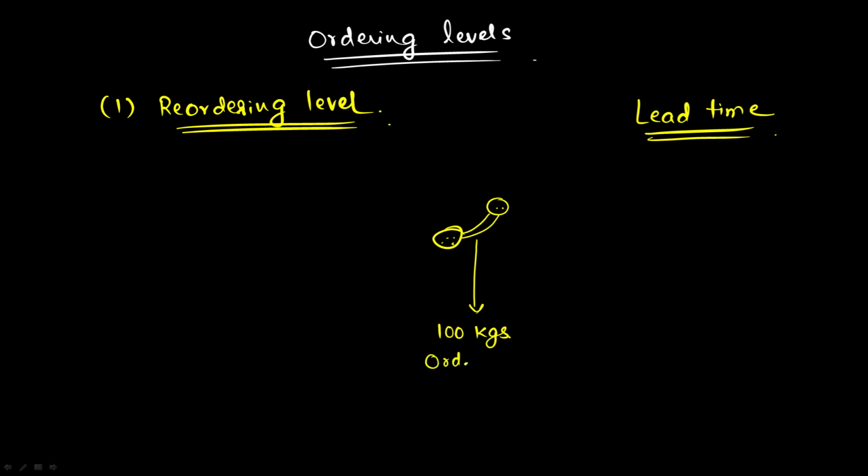This will be regarded as my ordering quantity. And if I have used Wilson's formula, I will be treating it as my economical ordering quantity.